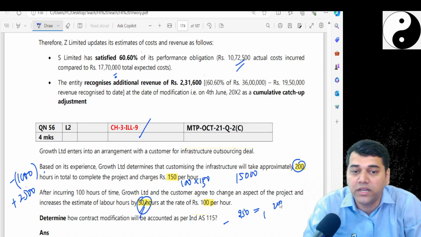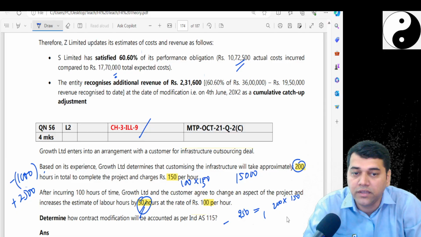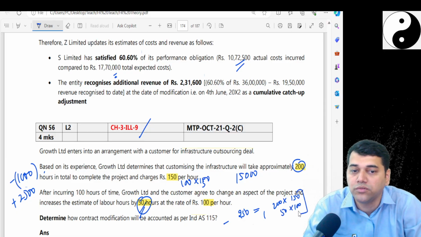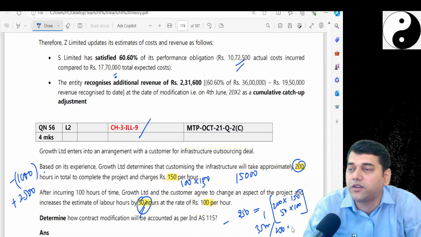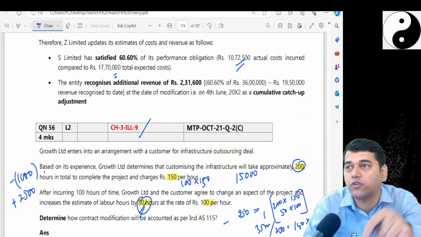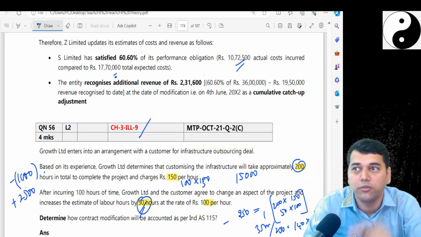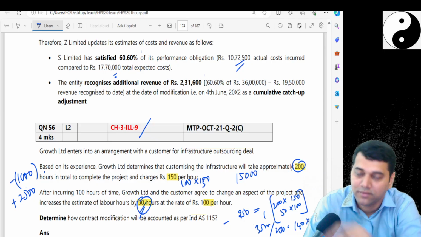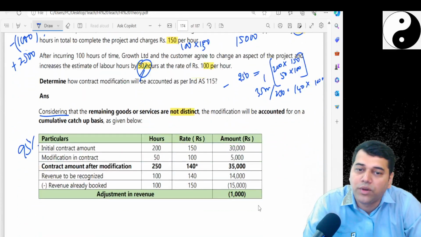It is 200 into 150, plus 50 into 100. How much does it come to? 35,000. 35,000 divided by 250 comes to how much? 140. 140 into how many hours you have already completed? 100. How much should you have recognized by now? 14,000. How much have you already recognized? 15,000. This is what you did? Yes. Let us compare. 1,000 is the reversal.